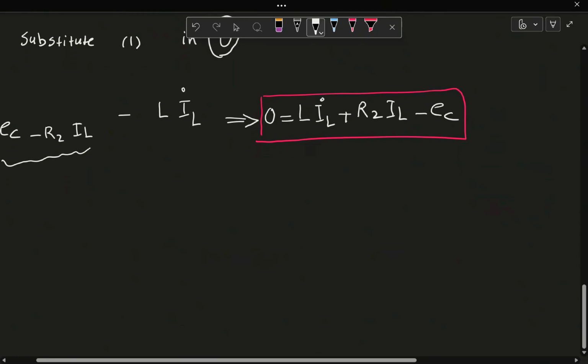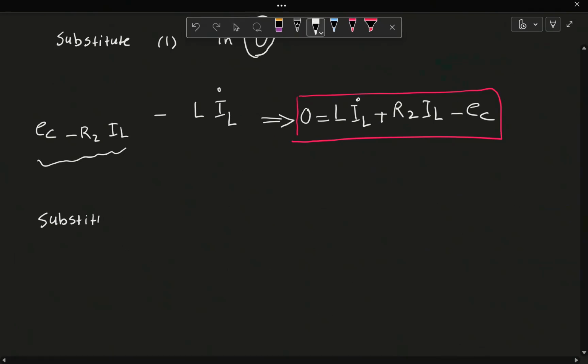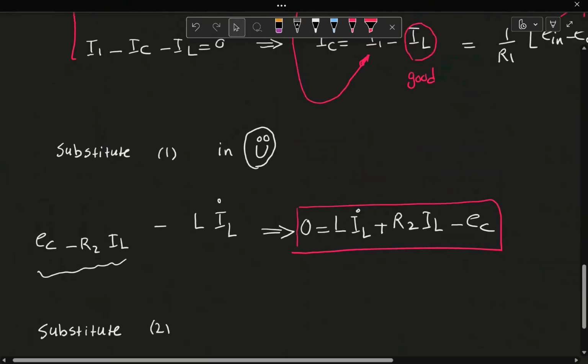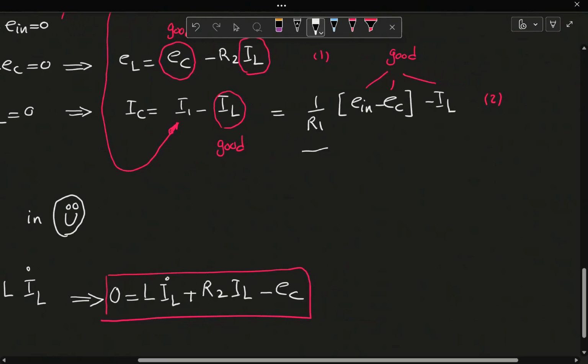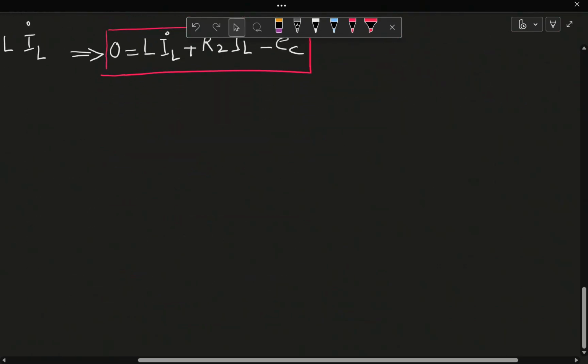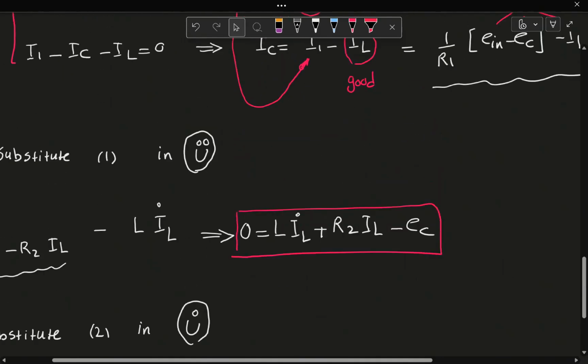For the next one, I would do something very similar. Yes, I would substitute equation 2, which was the equation for IC. If you look at the cyclope equation, okay, what was cyclope?